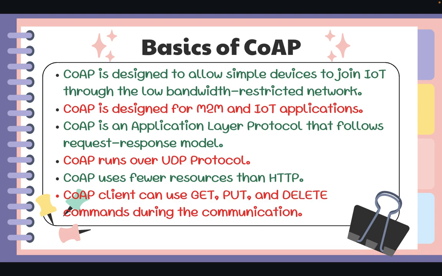Small devices or simple devices with limited CPU, memory and power resources are called constrained devices. These constrained devices are deployed to form a restricted network. This is the meaning of the first statement, how CoAP works.